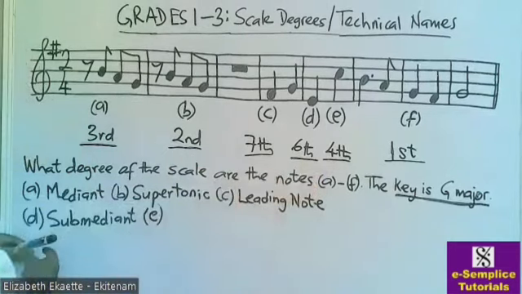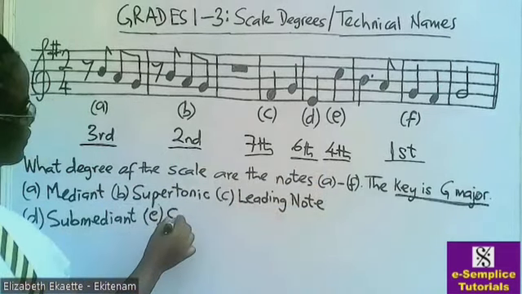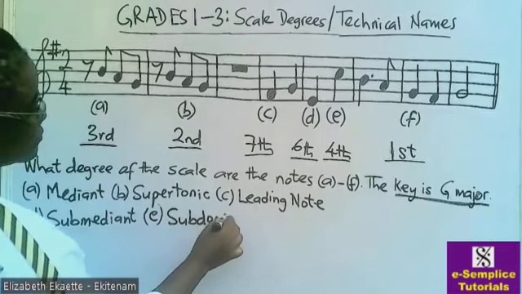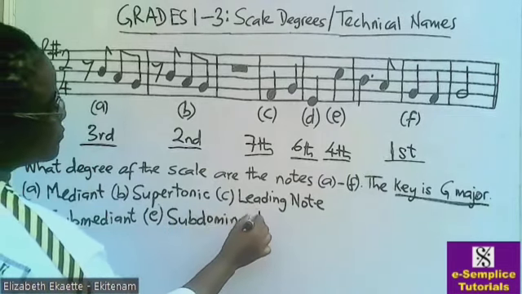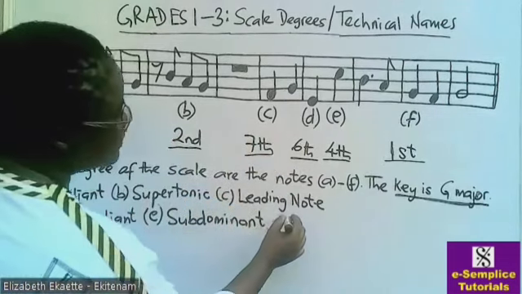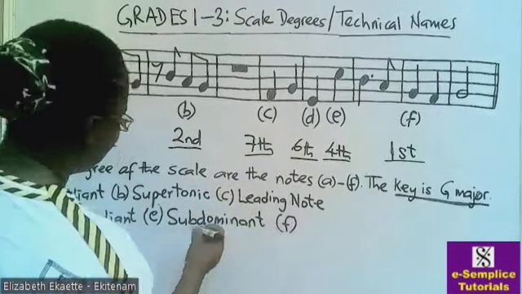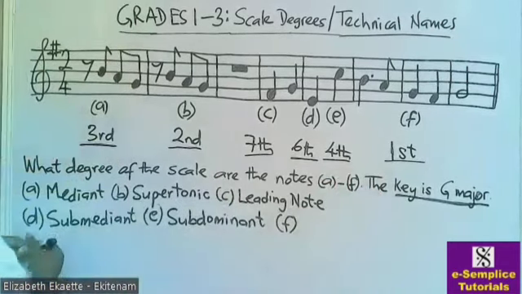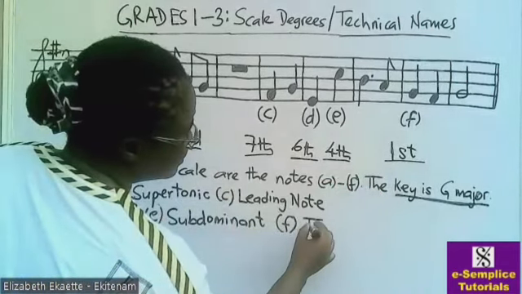The technical name for the 4th degree is subdominant. And our last note, the 1st degree of every scale, is called the tonic.